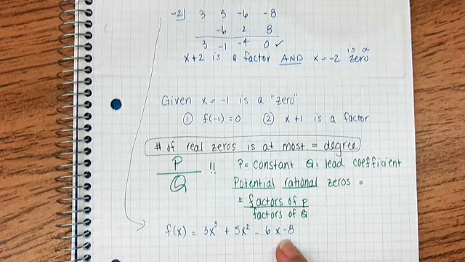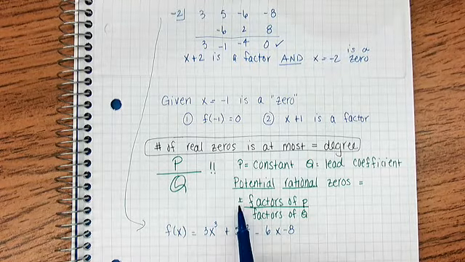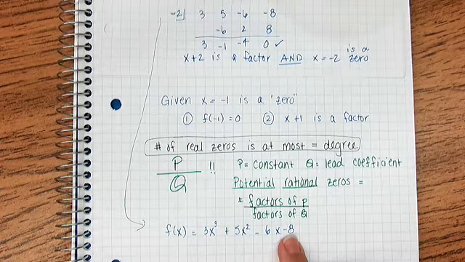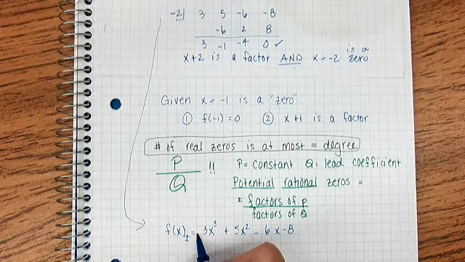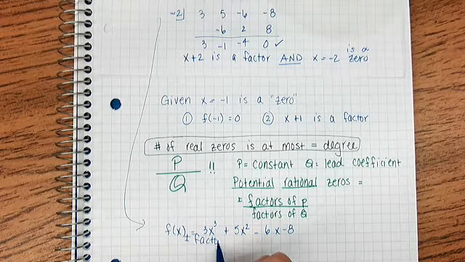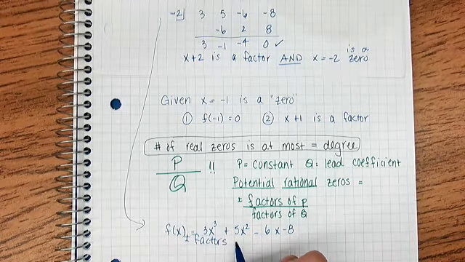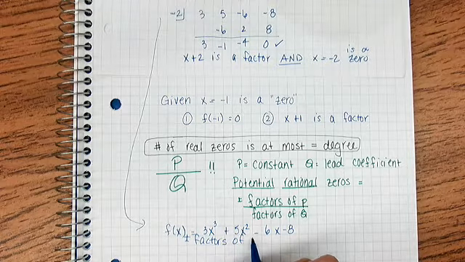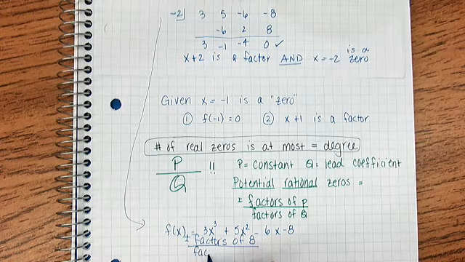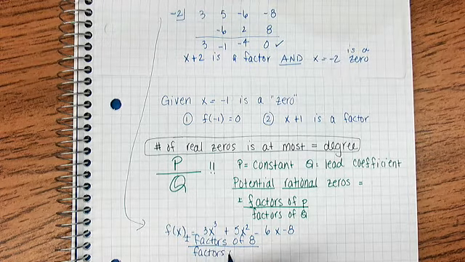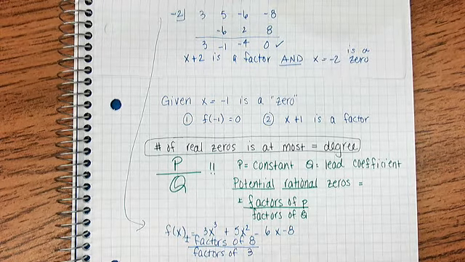We don't need to worry about the negative because it comes out in the plus or minus. So the factors of 8, so it's going to be plus or minus the factors of P, the constant 8, over the factors of the lead coefficient, and the lead coefficient is 3.